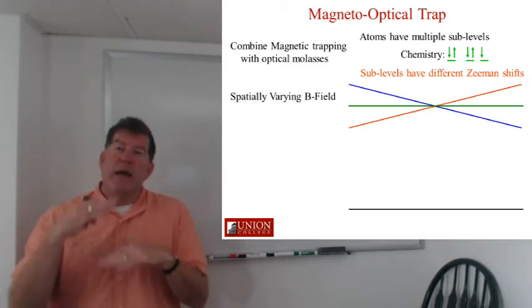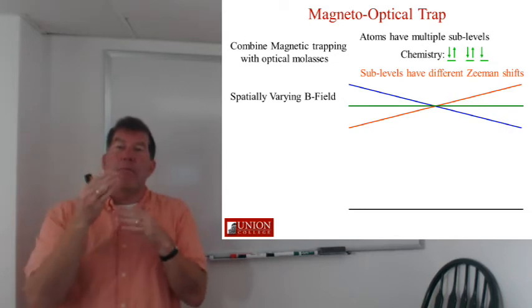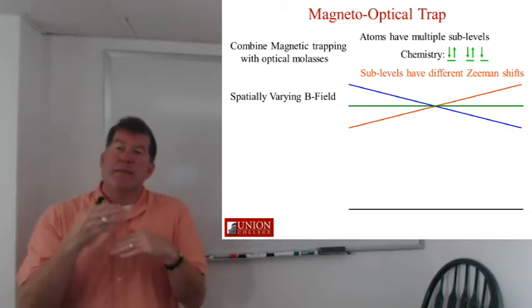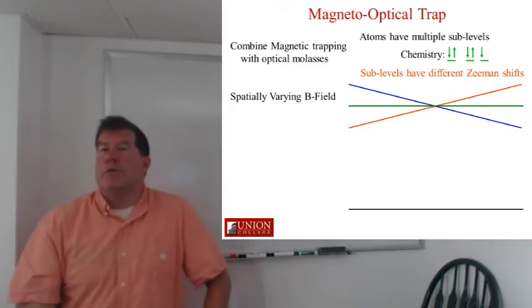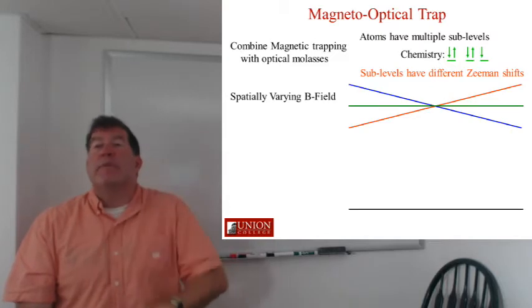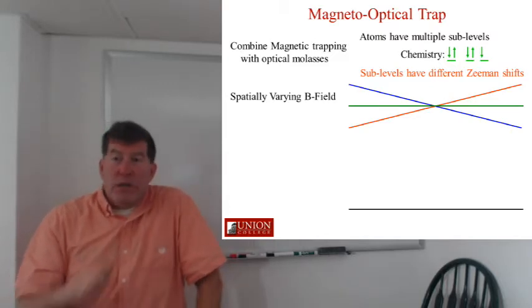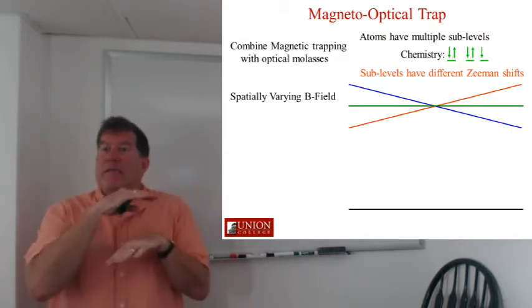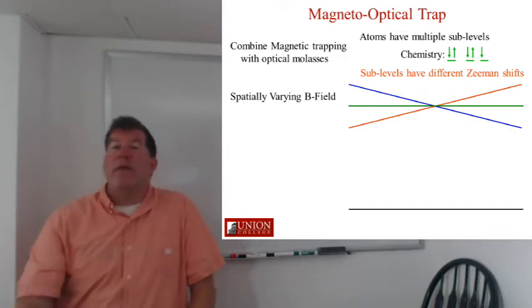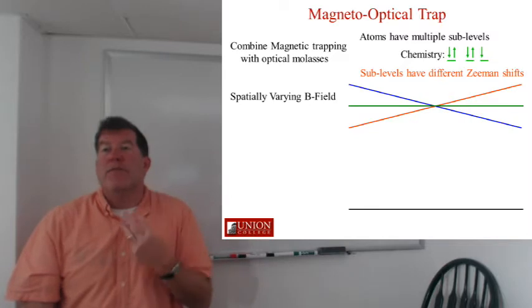So if I take a 2-level atom and I put it in a spatially varying magnetic field, these 2 levels will split into multiple sublevels. Some of them go up in energy with increasing magnetic field. Some of them go down in energy. So I can take the simplest case where the ground state has only a single level and the excited state has 3 sublevels.